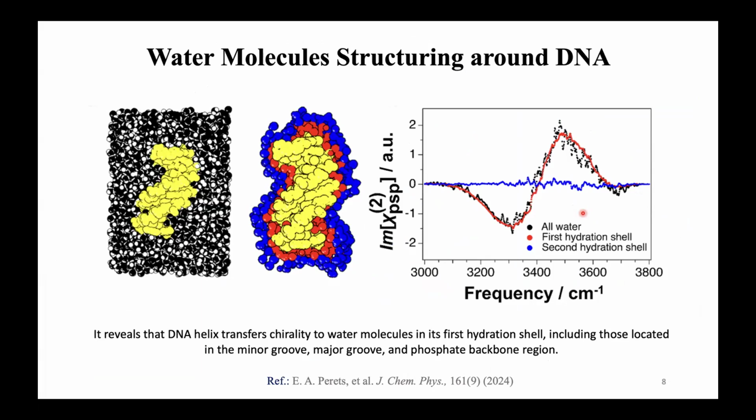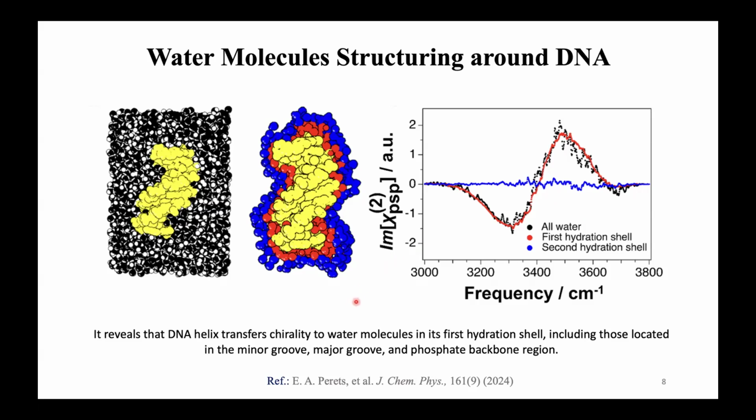But recent studies using experimental chiral sum frequency generation spectroscopy, which was also supported by molecular dynamics simulation, showed that DNA actually organizes water across the entire first hydration shell.